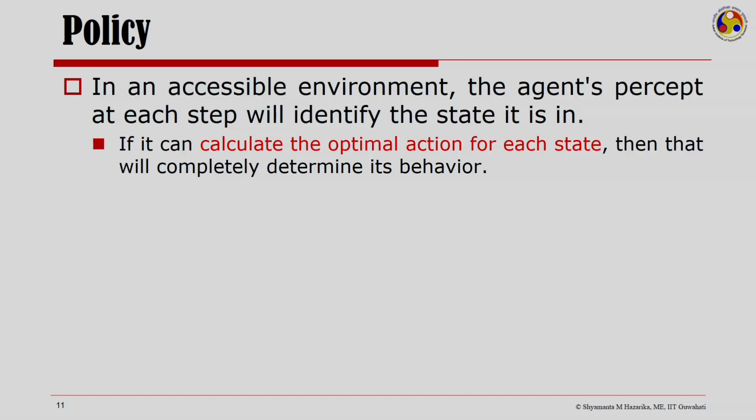So, when we are dealing with action sequences, we would rather be using an approach more like conditional planning instead of search as a sequence. So, in an accessible environment, we have the agent's percept, which at each step will identify the state the agent is in. If it can calculate an optimal action for each state, then that will completely determine its behavior.